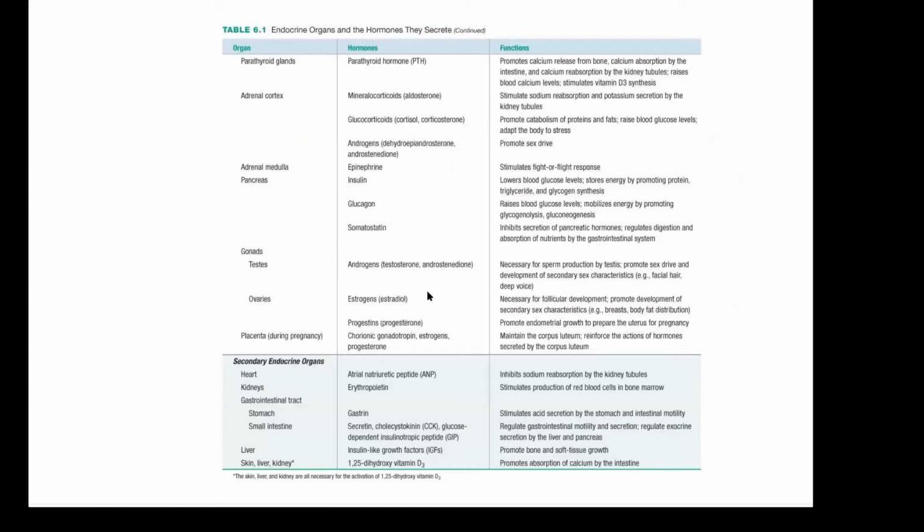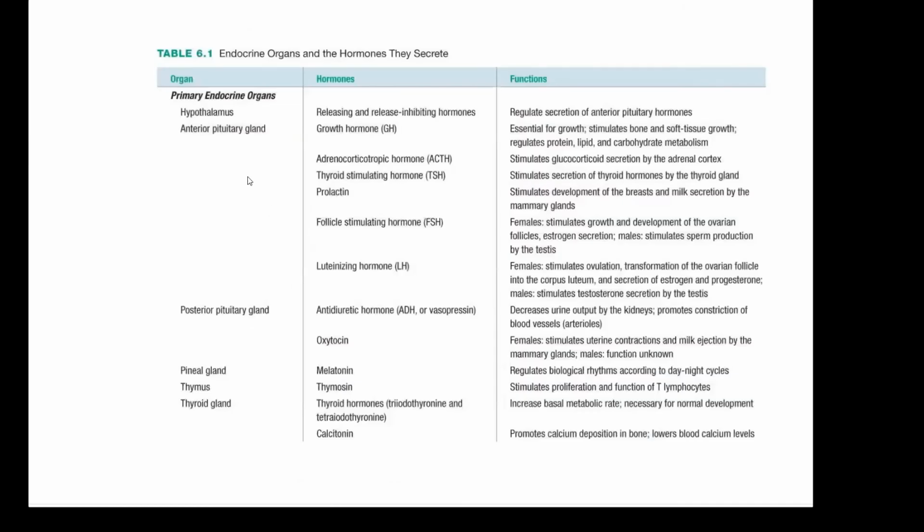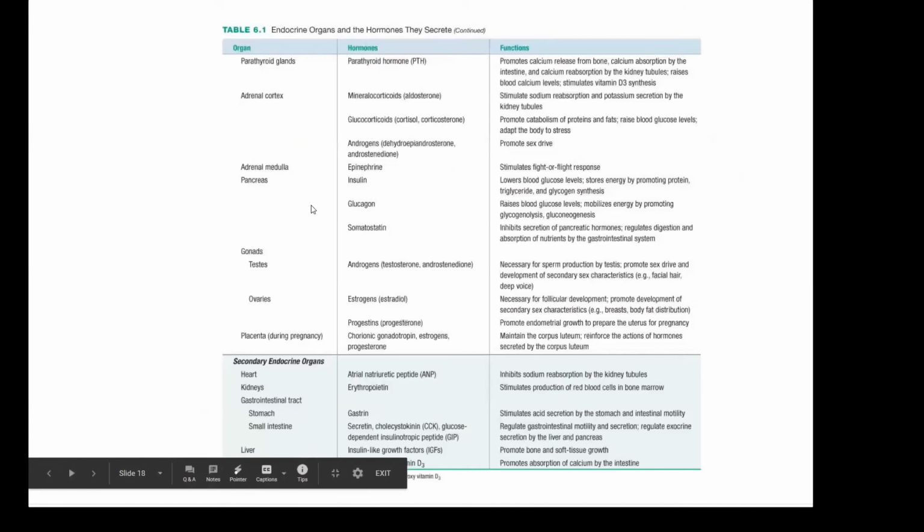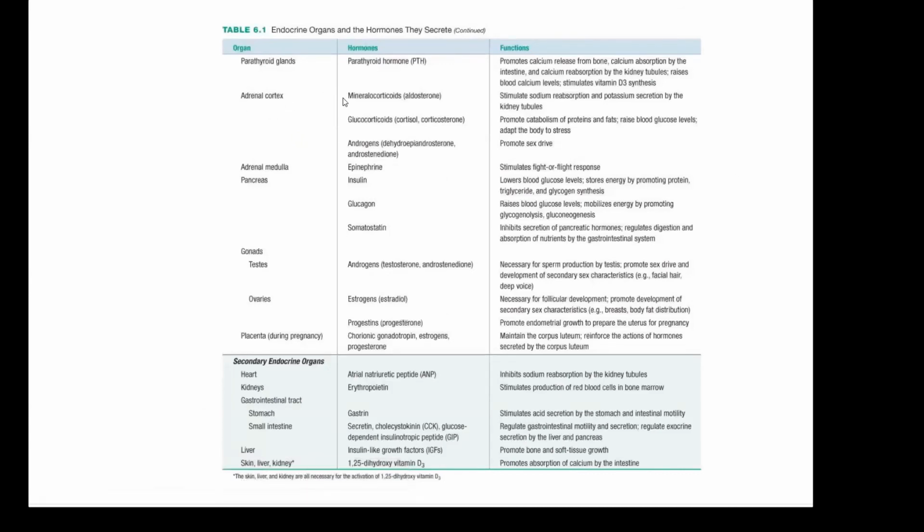I would focus on, in terms of our endocrine glands, the ones we went over more in detail, right? Hypothalamus and anterior pituitary, super important. Posterior pituitary, important because it's the opposite of the anterior pituitary. We talked a bunch about the thyroid gland, so I'd be sure to review that. We talked a lot about the adrenal glands, so I'd make sure to review that.